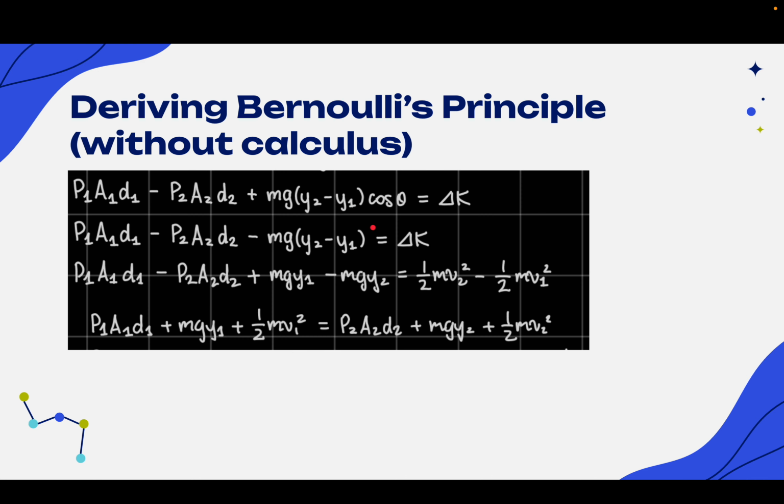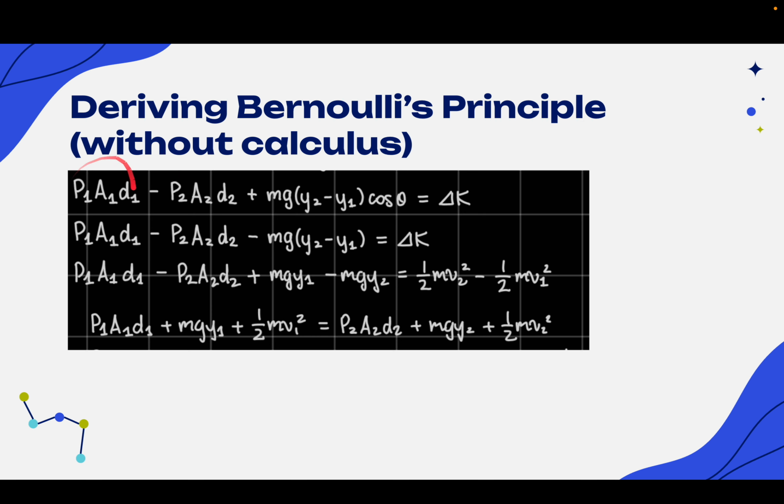Now, you can see that the F got replaced with P1A1 and that the cosines have all disappeared, because we can cancel out the cosines since theta will be 0 degrees, since we're assuming that the pressure is exerted parallel to the movement of the fluid.